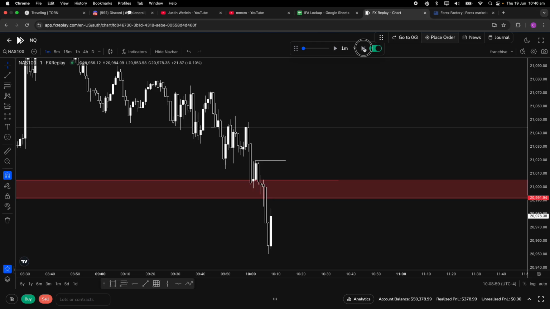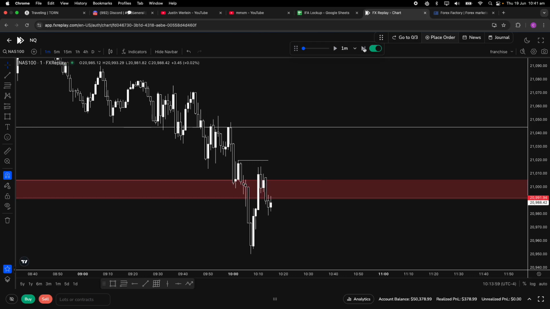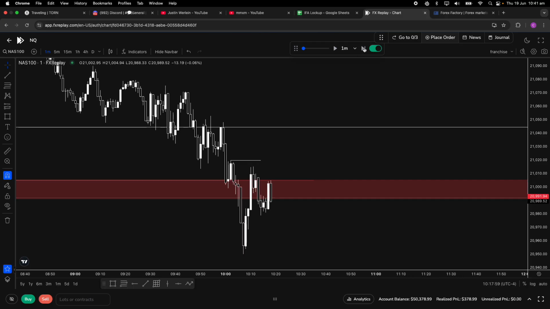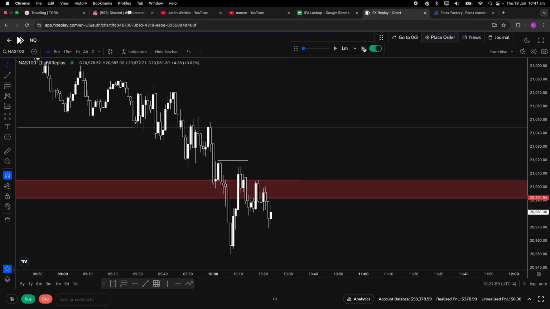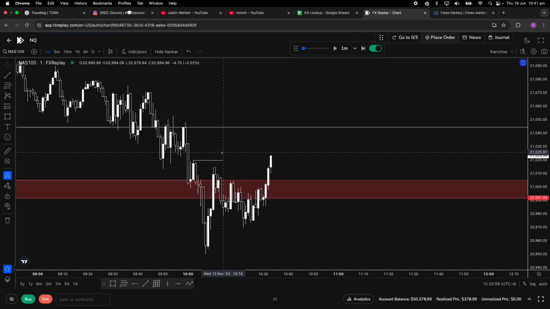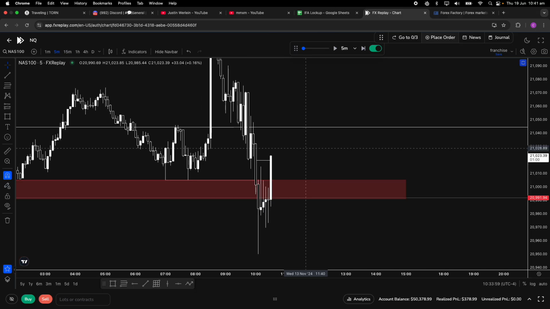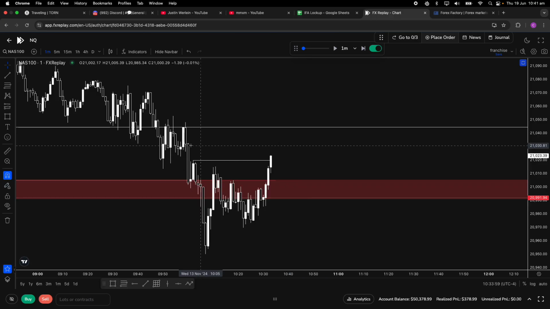We may just want to dump straight through it. Need displacement above that high. Doesn't look like we're gonna get it. I mean, okay, there we go. So we got it. We're also inversing a 15-minute gap as we speak, and a 5-minute gap.